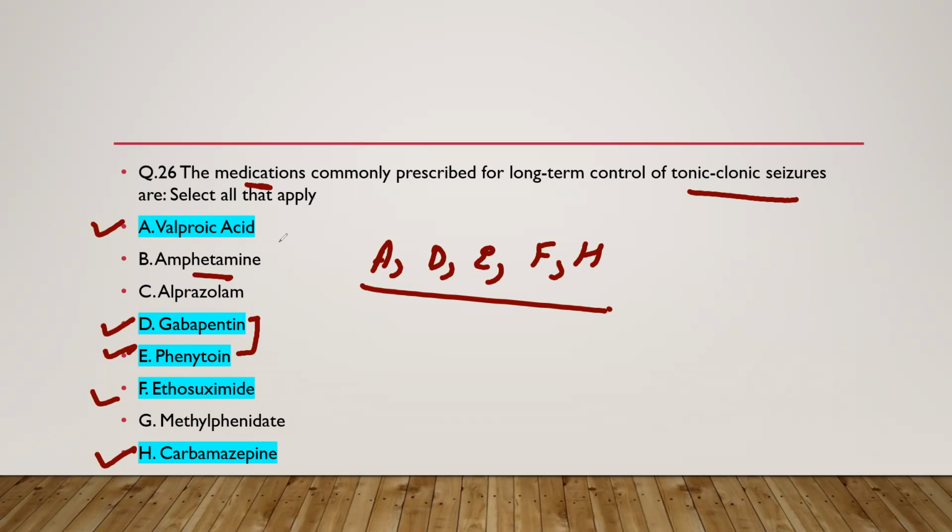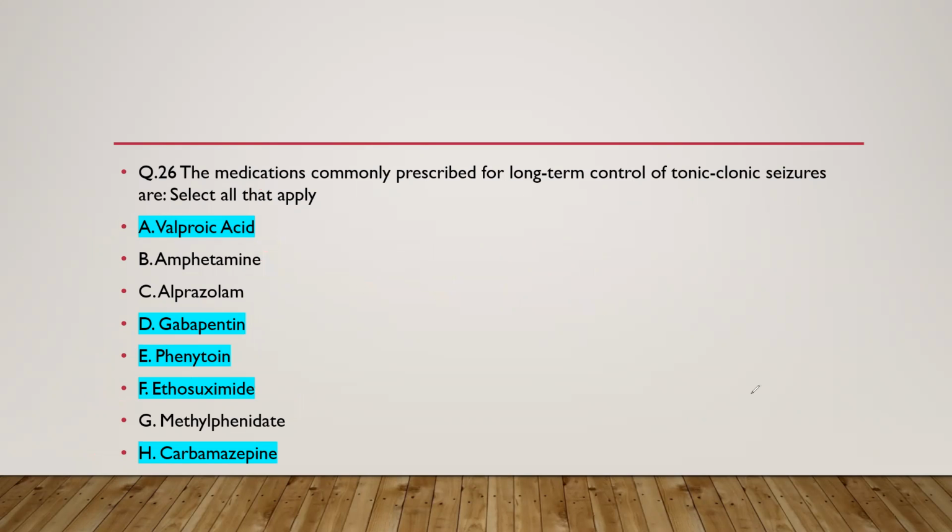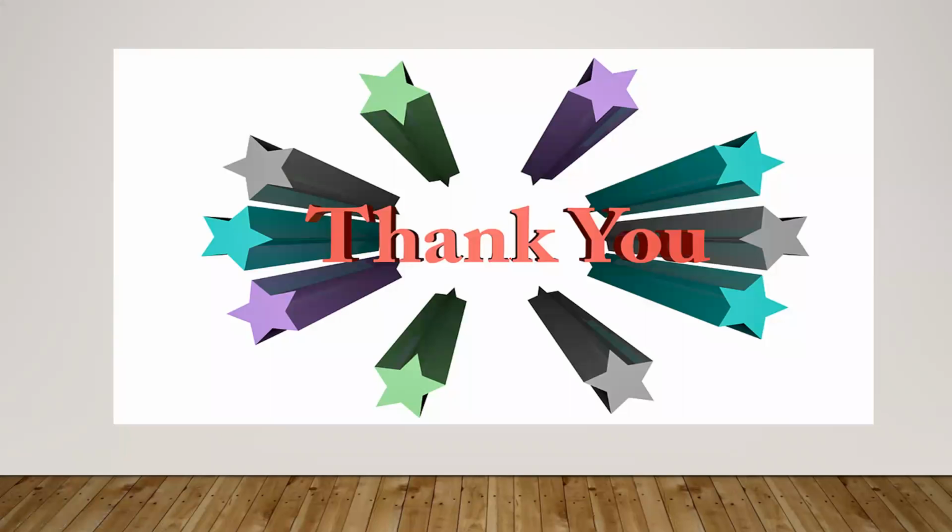The remaining options are not right, because they are inappropriate. Valproic acid, gabapentin, phenytoin, ethosuximide and carbamazepine are the right options that help in the long-term control of tonic-clonic seizures. So this is about today's question.